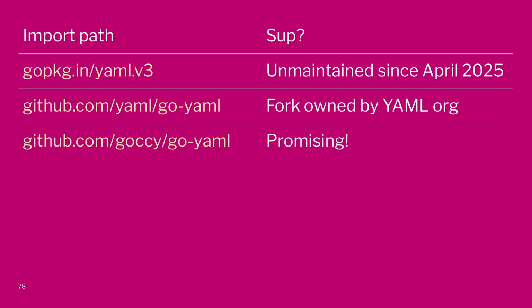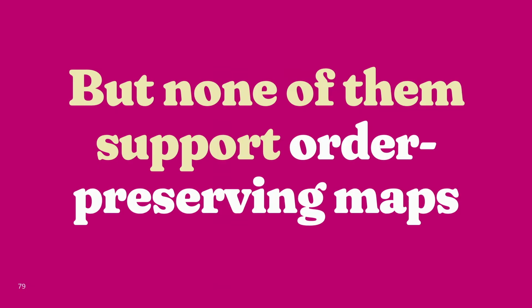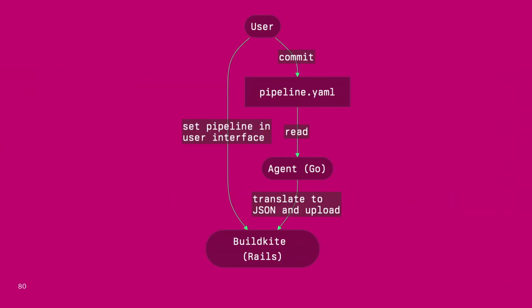There was a fork by the YAML org itself that got sprung up. Meanwhile, there was also another package. Anyway, no points for anyone who guesses which one we're still using. The key point, though, is that none of them support order-preserving maps. They all assume that the order of the mappings in a YAML document is not important.